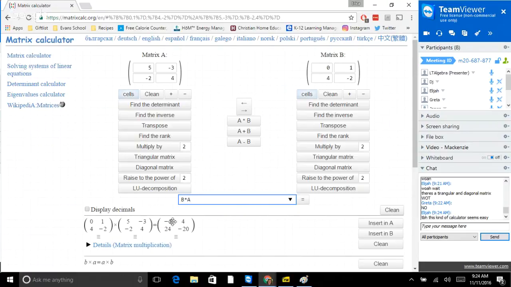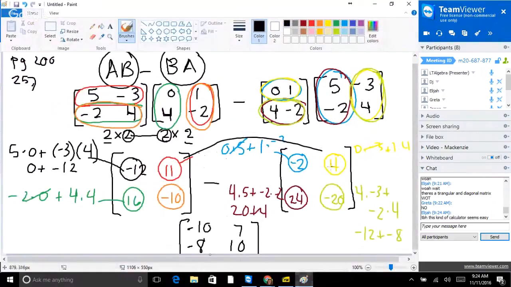Okay, so we get negative 2, 4, 24, negative 20. So we did that right. We've checked this matrix, checked this matrix. Now we need to subtract the two.